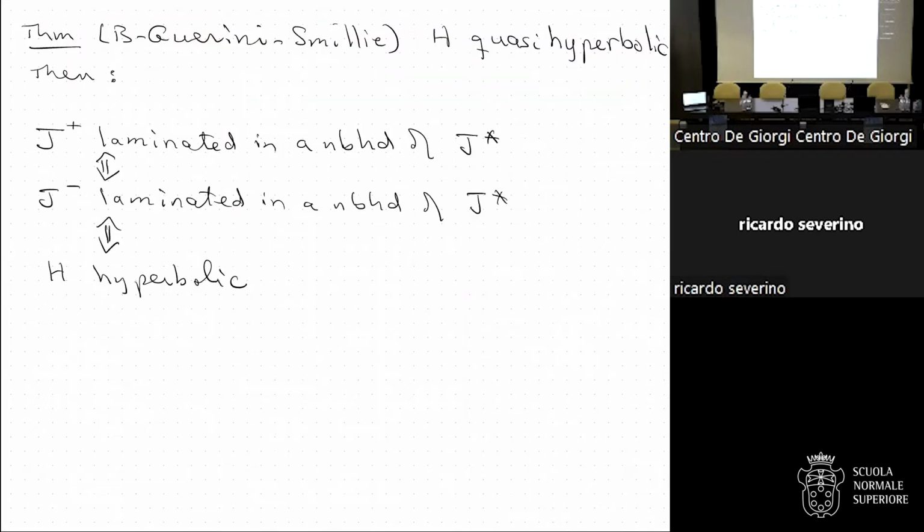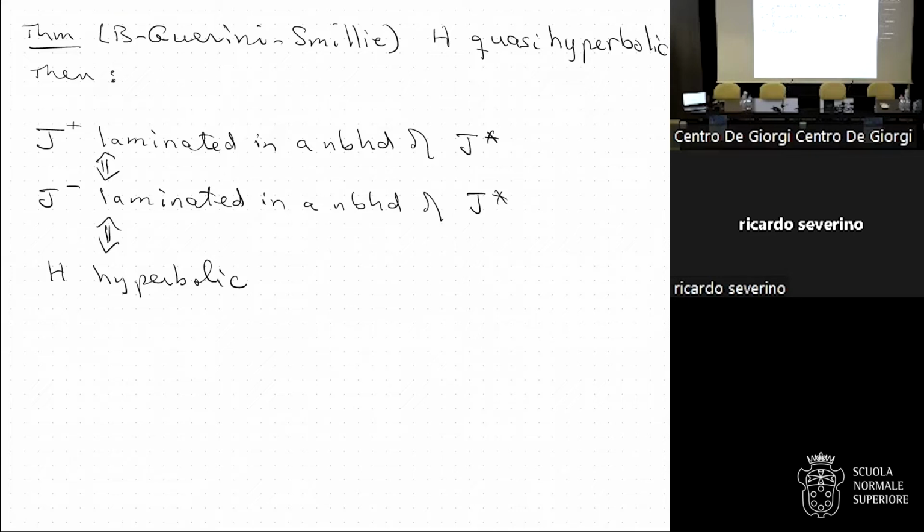And so with Lorenzo, also we have some other version of this. If you have a complex Henon map and you know that J plus in fact is just geometrically laminated, okay, in a neighborhood of J plus, or if J minus is laminated in a neighborhood of J plus, then we know that our mapping is hyperbolic.